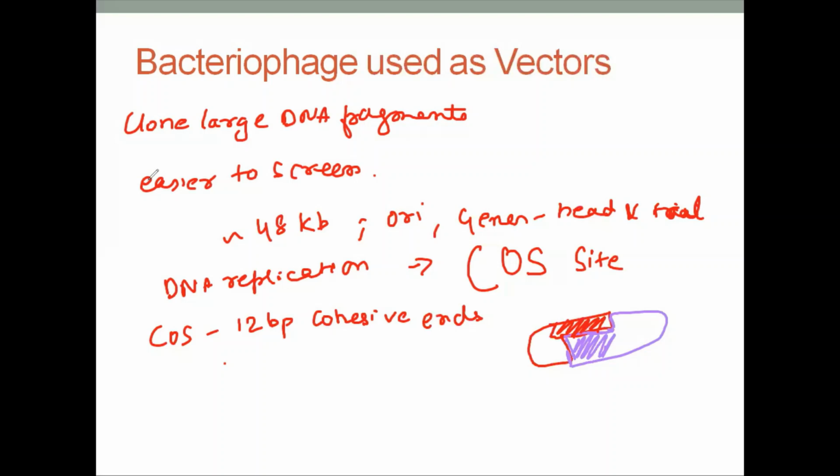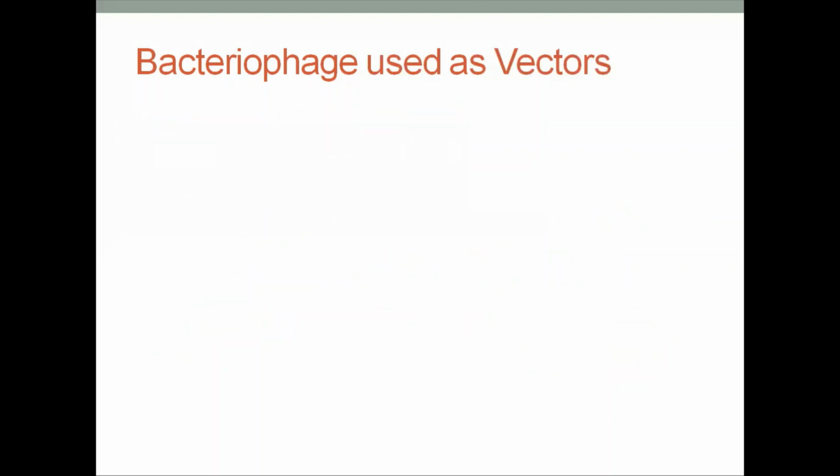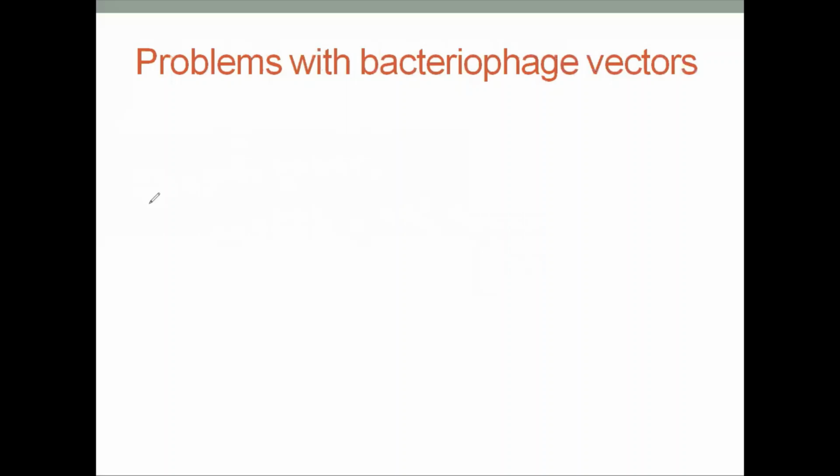Now, what are the problems we face with bacteriophage vectors? Then we'll come to types. The problem faced with bacteriophage vectors is that their size ranges between 38 kb to 52 kilo base pairs. This means they can accommodate a DNA insert of only nearly 3 kilo base pairs.